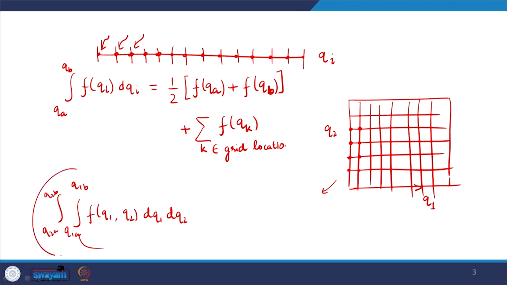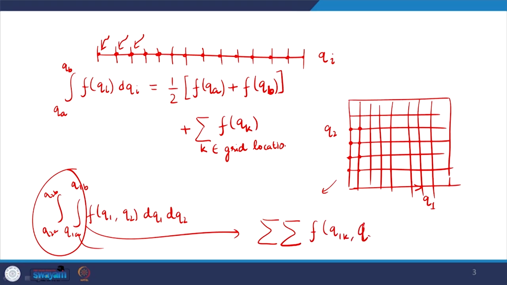So, these two integrations will therefore be replaced by two summations and the function values at those locations, right.